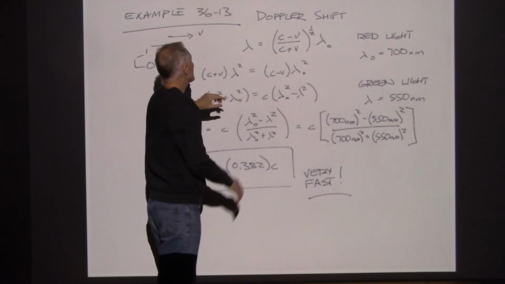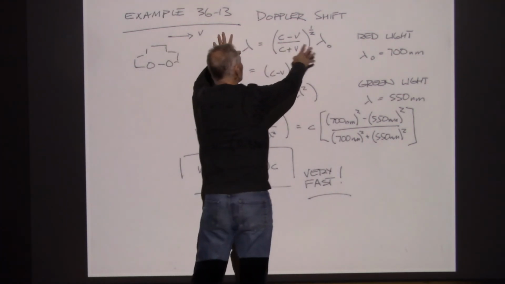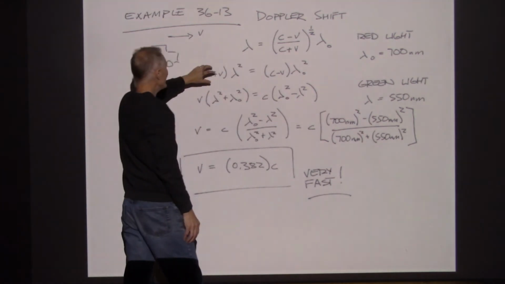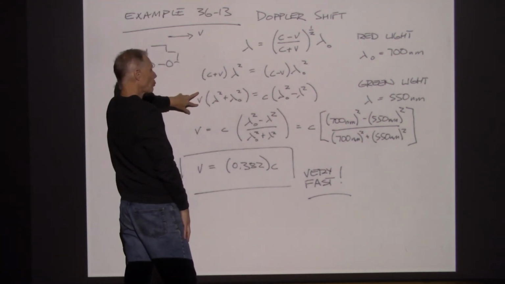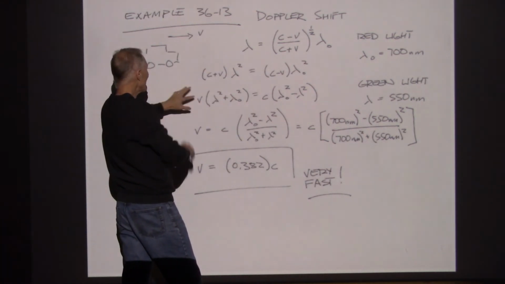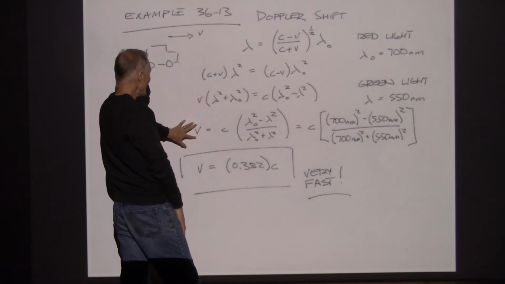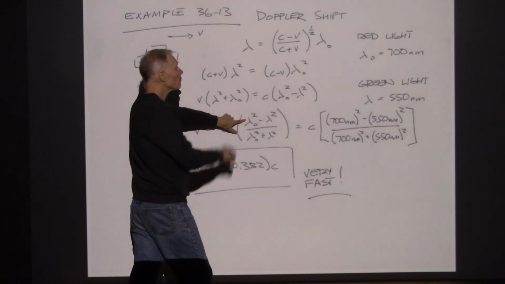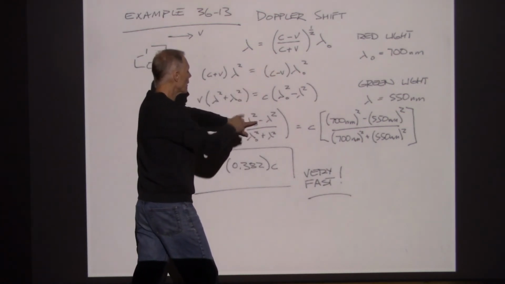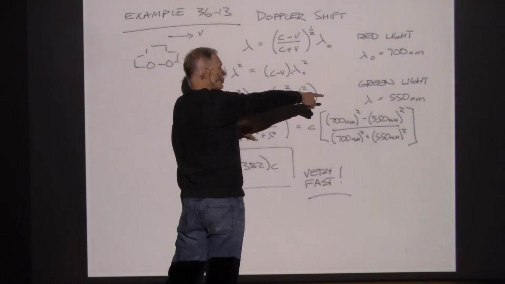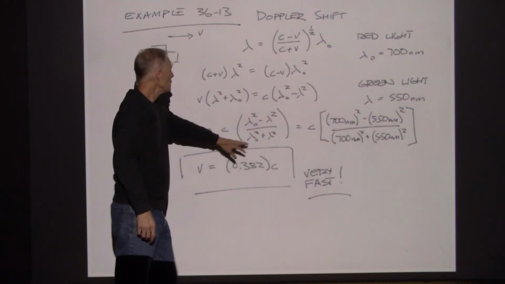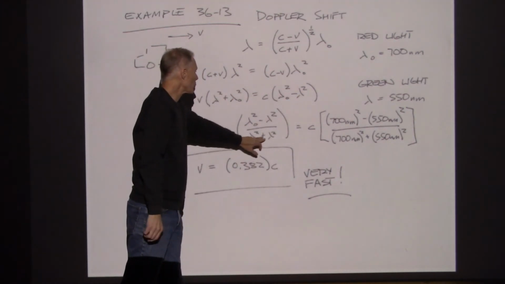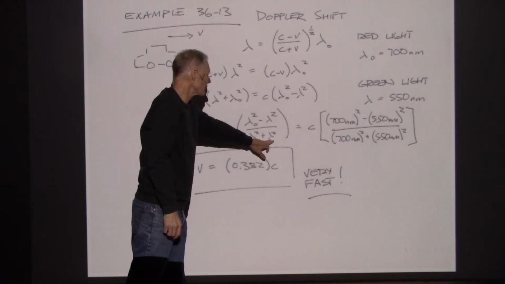We can square both sides of this equation, and we can then solve for the velocity. We can factor out v. V then would be equal to c times (the original wavelength squared minus the Doppler shifted wavelength squared) over (the original wavelength squared plus the Doppler shifted wavelength squared).